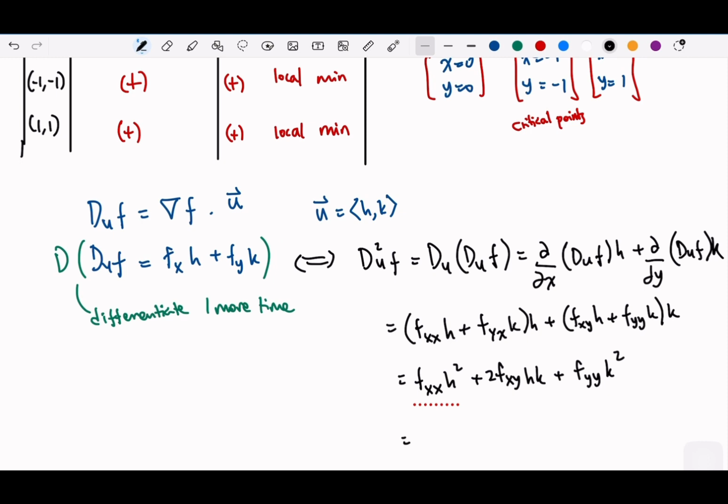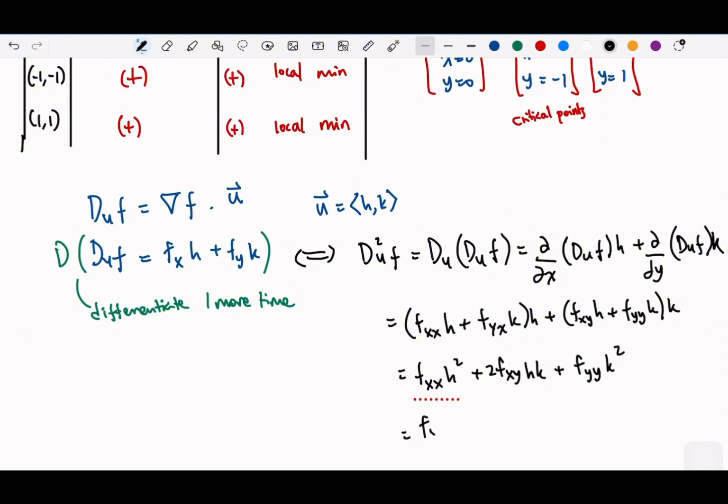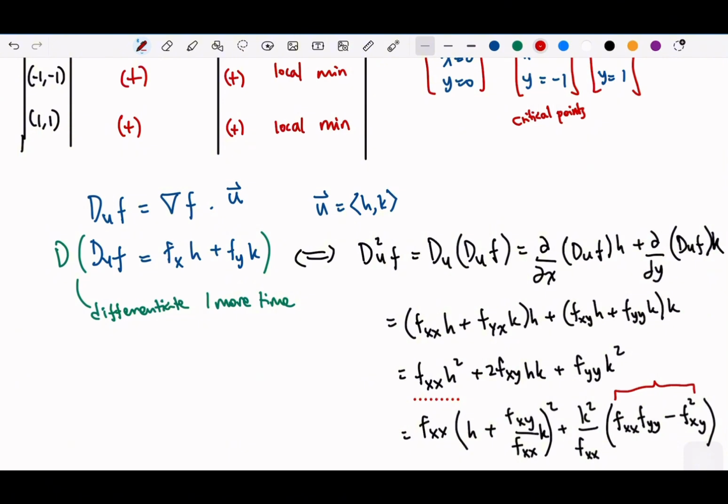And then we can rewrite this, factorize everything here, and take the complete square. Actually what we care about is the last part here.